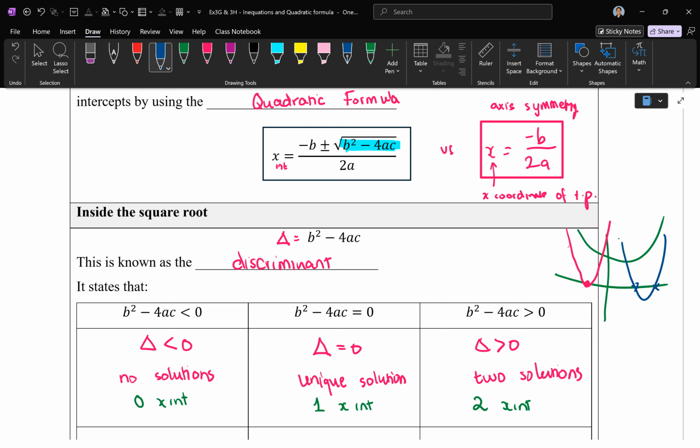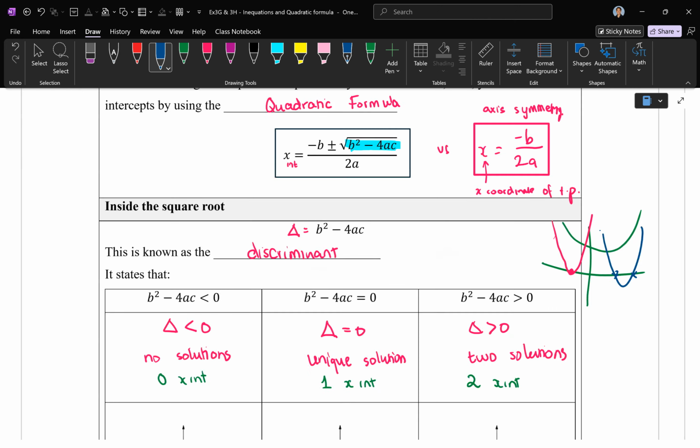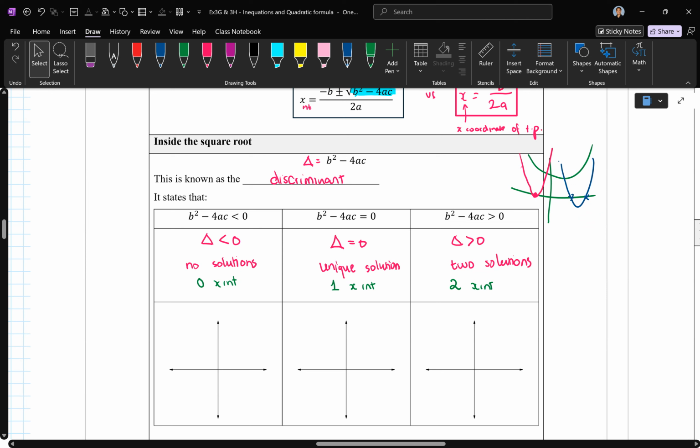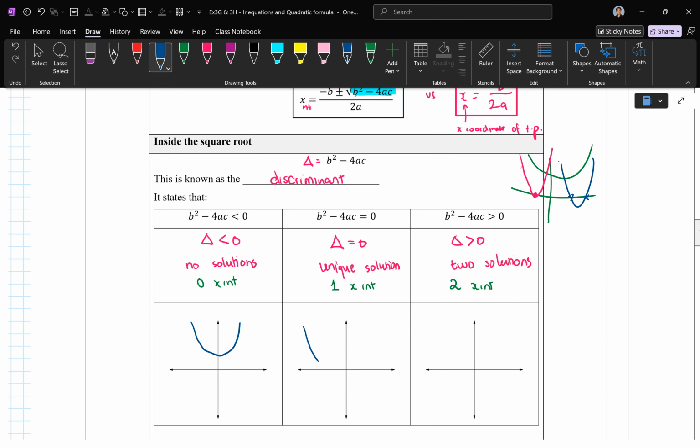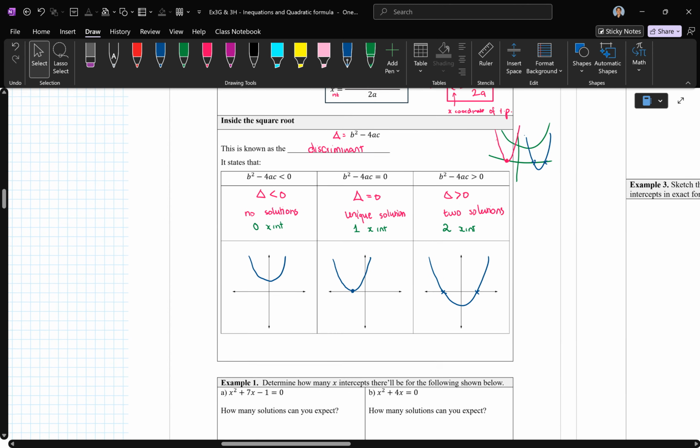You can quickly determine how many x-intercepts you have just by looking at b squared minus 4ac. Next week, we'll talk more about that. Okay? All right. Oh, I could have just drawn it here. No solutions. Unique solution. Sits on the axis and then crosses through 2 x-intercepts. All right, there we go.